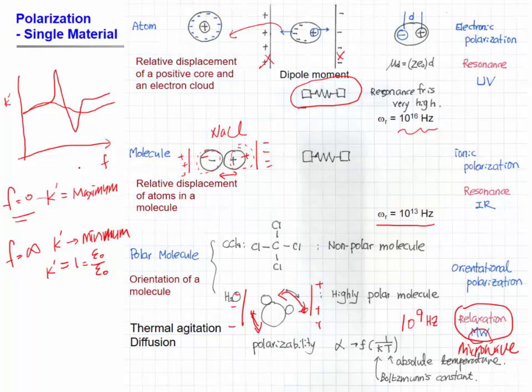Here, for example, if I plot the damping, the energy loss term for the resonance, you have a very sharp peak like this. But for the relaxation, you have a wide peak like this. Okay?